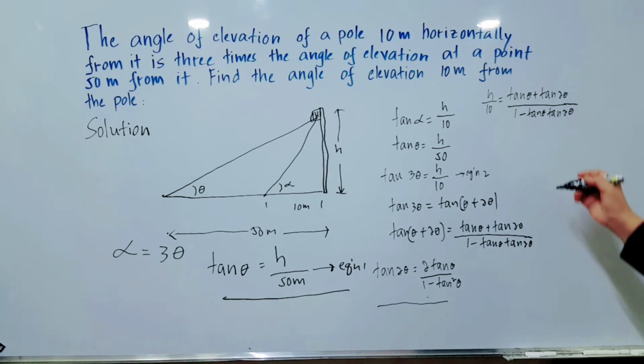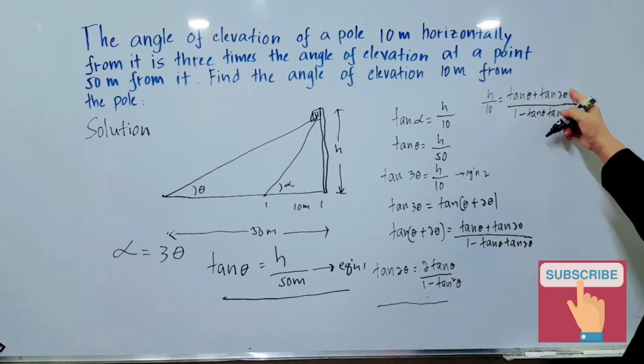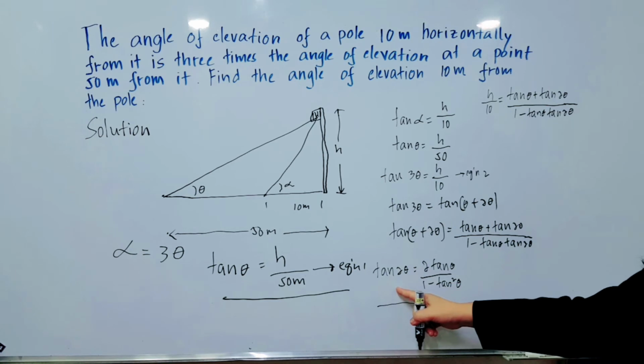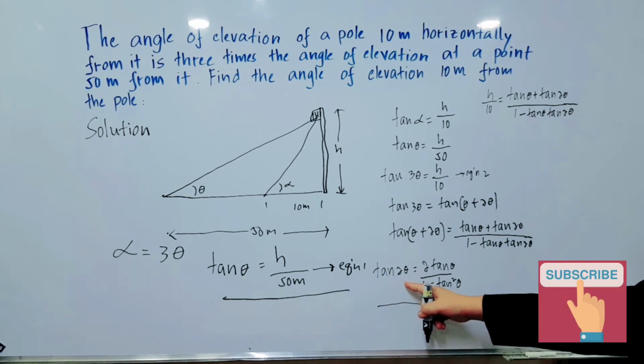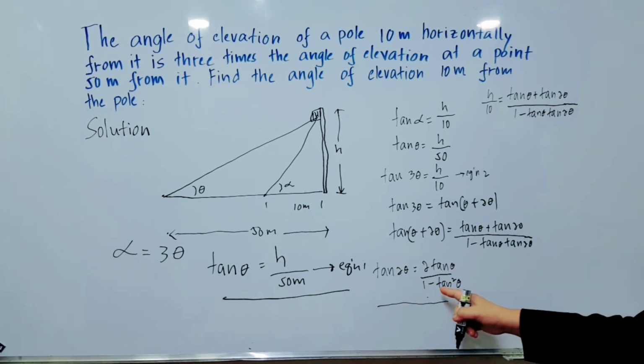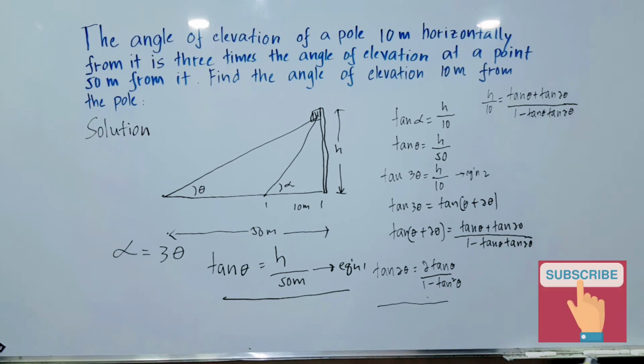So now here, tangent 2 theta, we can substitute from the formula: tangent 2 theta is equal to 2 tangent theta divided by 1 minus tangent squared theta.